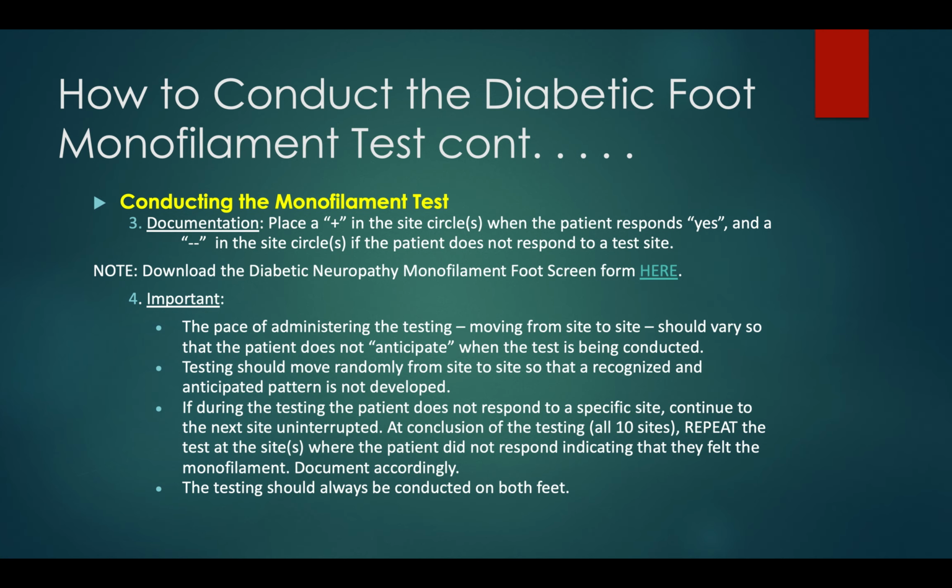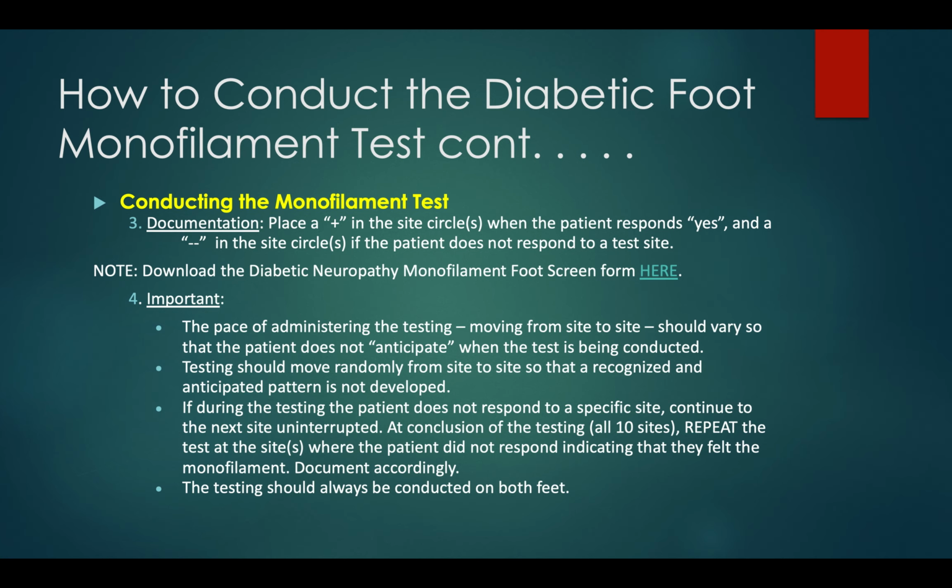Also, when you test, you should move randomly from site to site. Or in other words, you don't just go big toe, third toe, little toe, and gradually work your way down the foot, but you want to randomly move around a little bit, again, so they don't recognize and anticipate the pattern, which could influence their response.